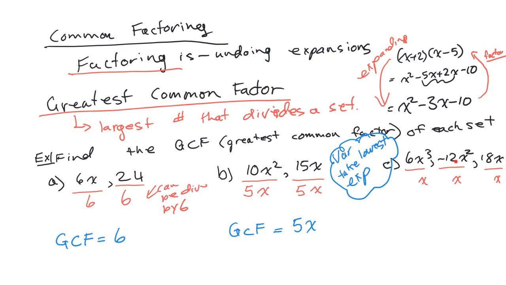We have 6, -12, and -18, and all of these can be divided by the number 6. That's the biggest number that can be divided into them. So that means our GCF is 6x. And we're done for all 3.